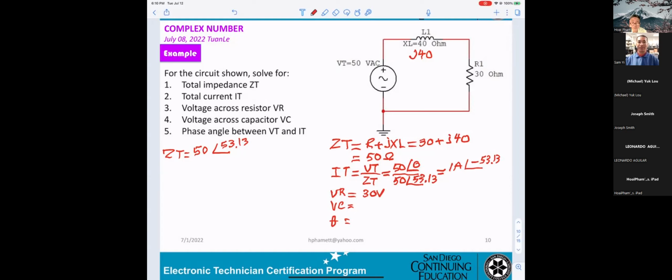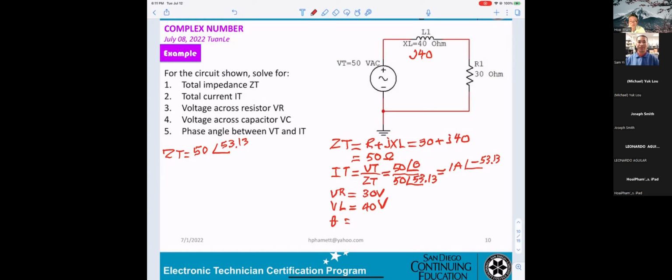This has an inductor, so how could you get VC? Yeah, it's VL. 40, yeah, 40, correct. And Mr. Pham, would that be 40 at plus 90 degrees?